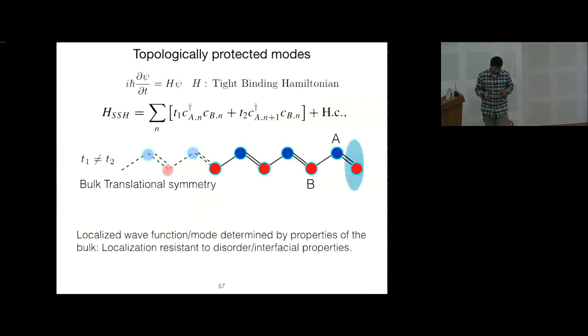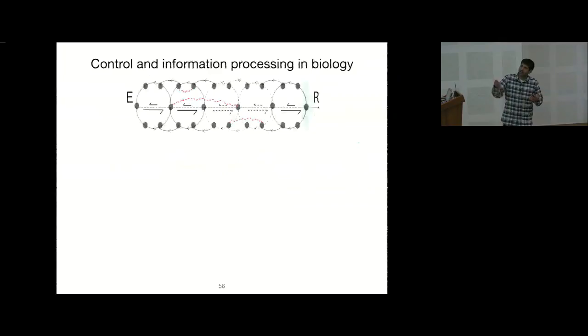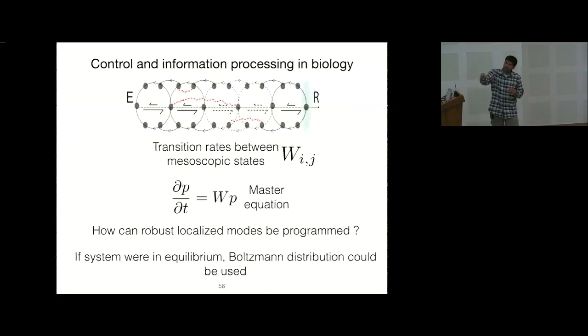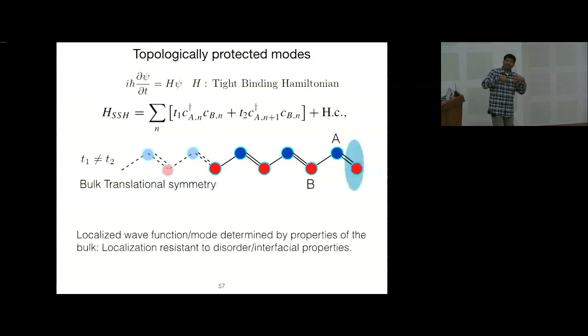What we have found is that there is a way to take these classical stochastic master equations and map these dynamics, using a quantum-classical isomorphism, to the dynamics of electrons on lattices.